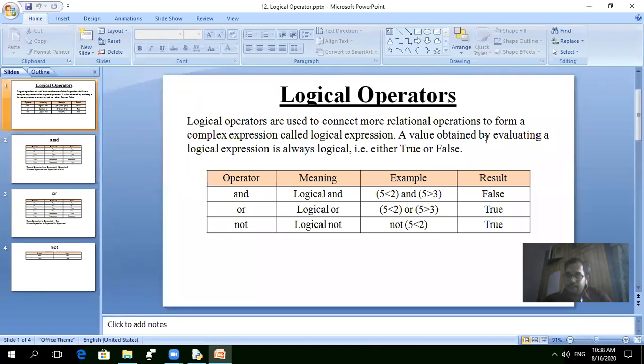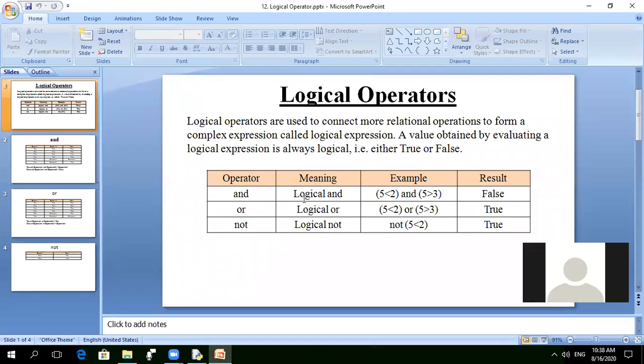A value obtained by evaluating a logical expression is always logical, that is either true or false. We have 3 operators: and, or, and not. These 3 operators come under logical operator.